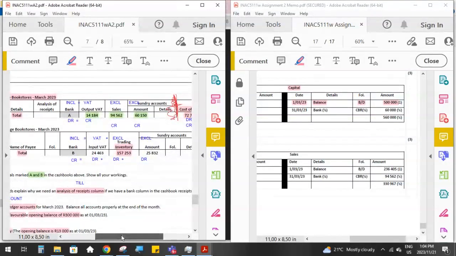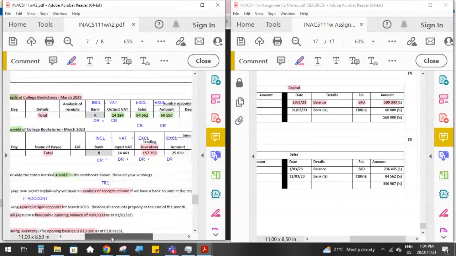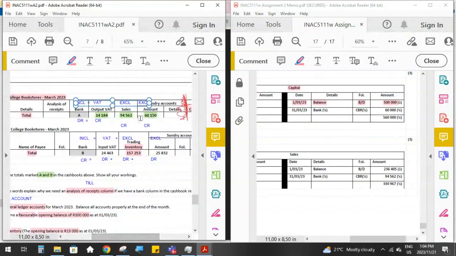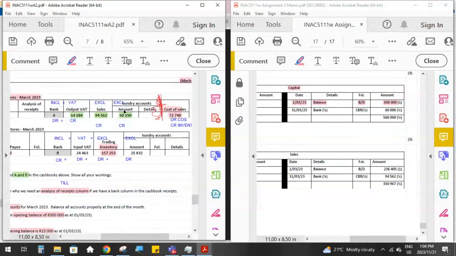So if we go back to our cash book receipts, this sundry accounts 60,150 is the total of all of the amounts that were credited to various sundry accounts in the sundry column. And they've told us that of that 60,150, 60,000 was a contribution.